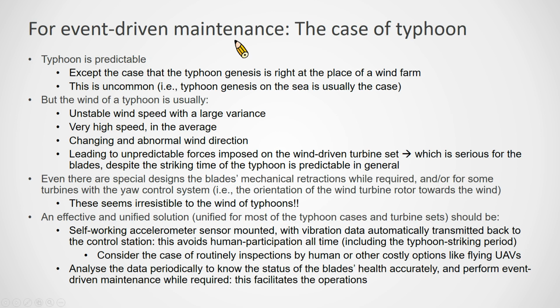Compared to these unpredictable disasters, typhoon is predictable, but the wind of a typhoon is usually unstable and very high speed in the average, and the wind direction is very abnormal or changing. So these lead to unpredictable forces imposed on the wind-driven turbine set, which is serious for the blades.